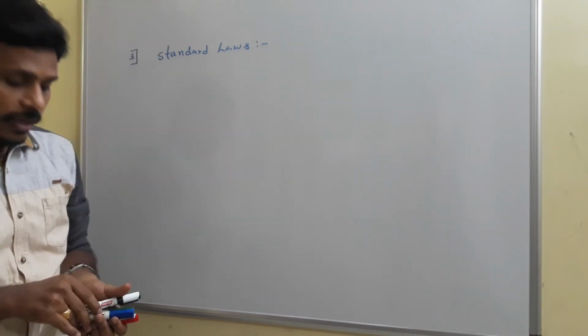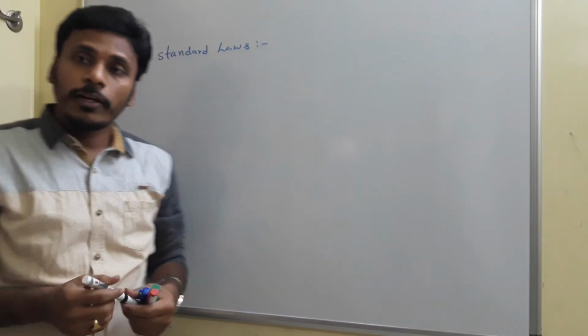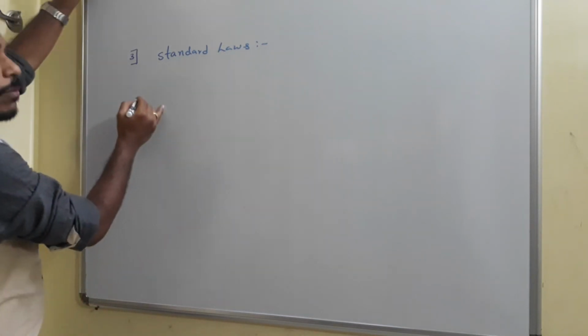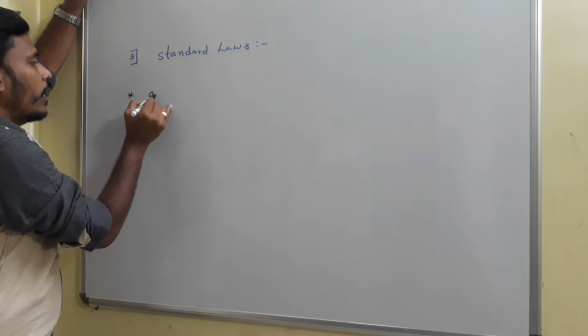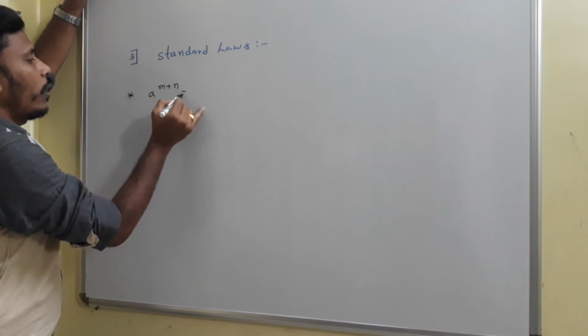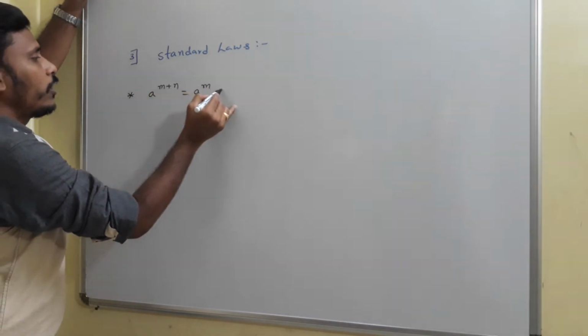All these standard laws we can develop from the concept of exponents itself. We are very familiar with this law of exponents: a power m plus n is equal to a power m into a power n.